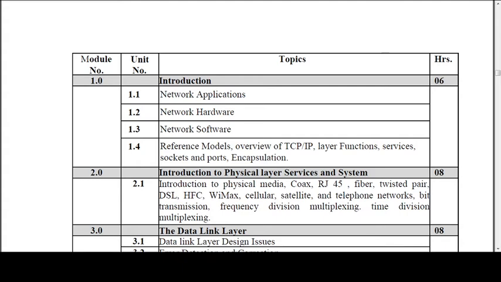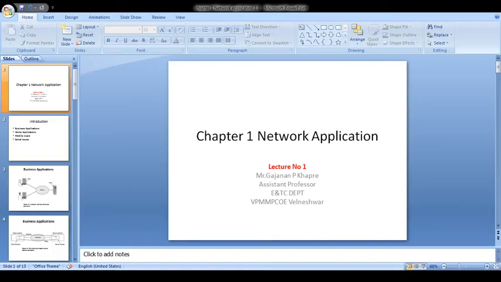Then we define the basic concepts, what is meant by socket and port, its basic definitions, and also the types of ports. Then we introduce the basic concept of encapsulation. So let us start with the network application layer.